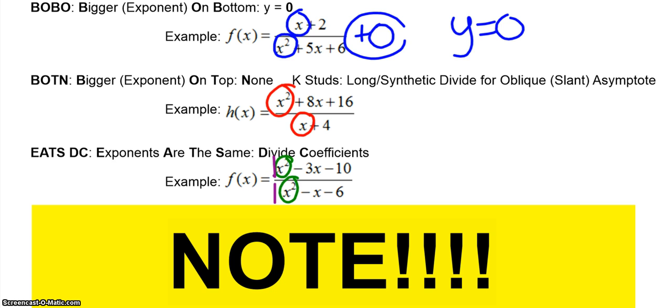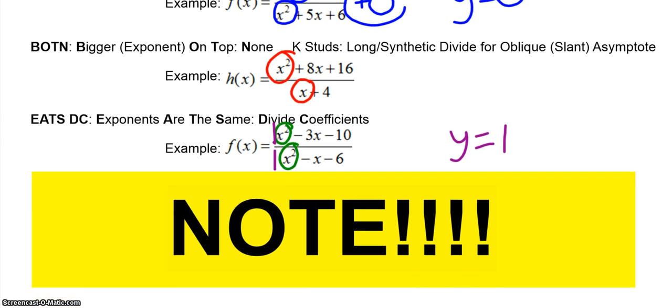If they were any numbers like 4, whatever, you divide them. So simply put, we're going to divide 1 by 1. 1 divided by 1 is 1. So y equals 1 is our horizontal asymptote. Pretty straightforward with all three of these. Just got to remember Bobo Botten eats DC.